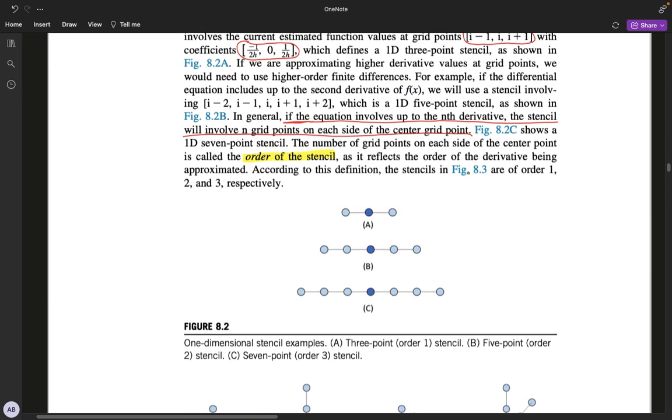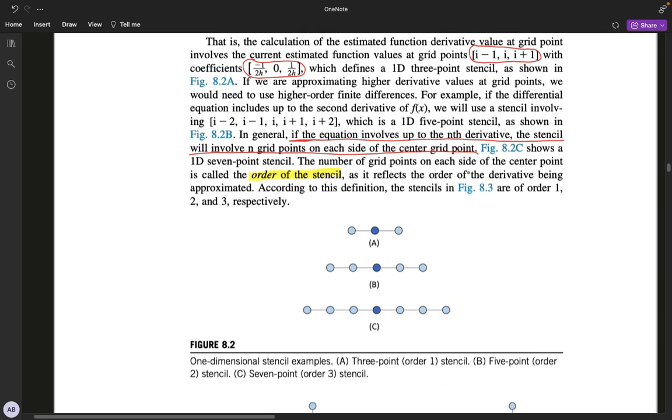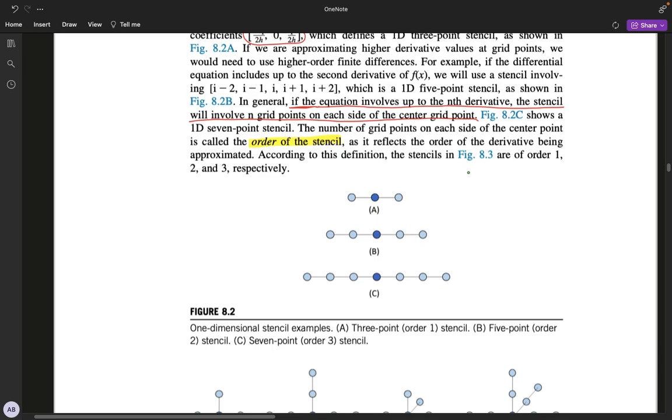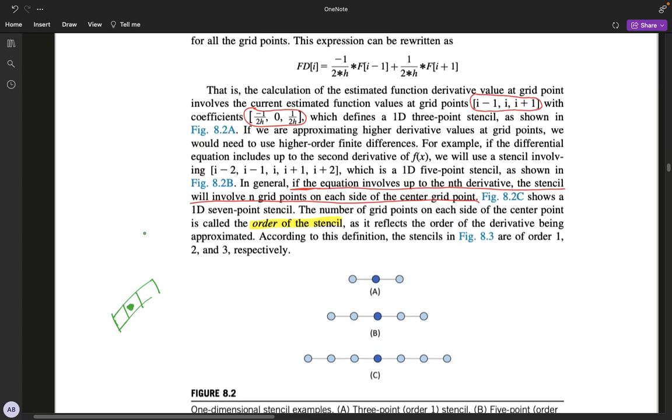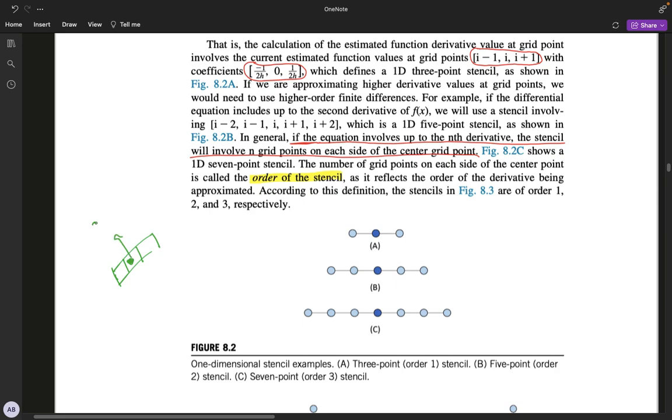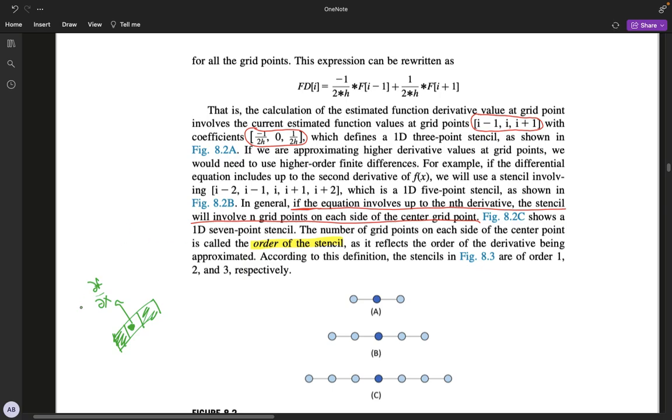Another terminology here is order of stencil. If we have a 1D grid and we want to find the derivative of the function with respect to x at this point, we can just, if we know the value at this point and this point, let's say this is the function value at I, this is I minus 1, this is I plus 1.